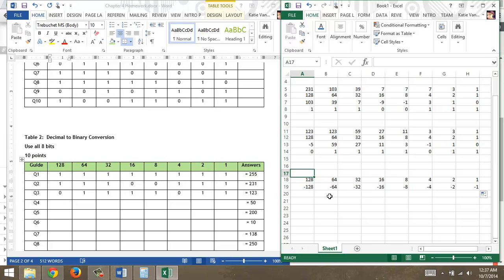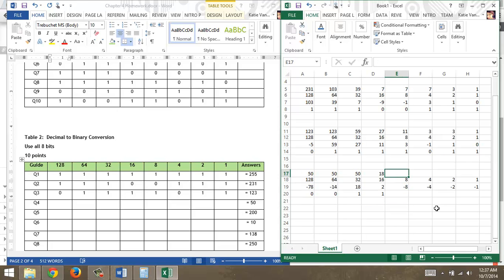Okay, our next number is 50. So we're going to say 50. Can we do that without going negative? No. So that's a 0. Again, no, that's a 0. 50 without going negative, we can do, so that becomes a 1, and then we have 18 left. 18 minus 16 without going negative, yes, so that becomes a 1.